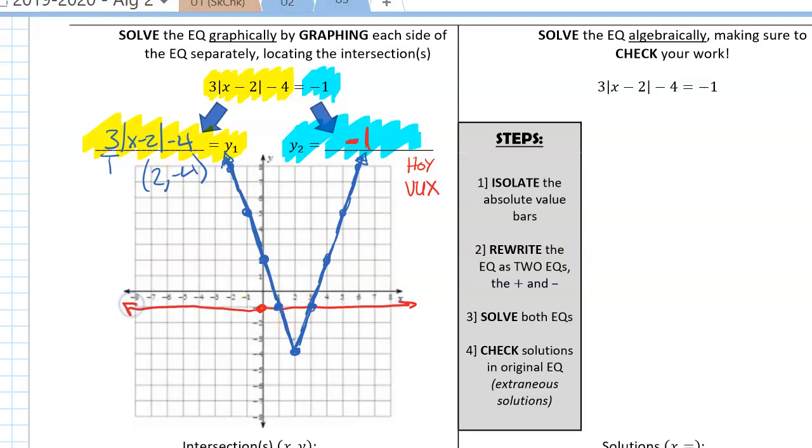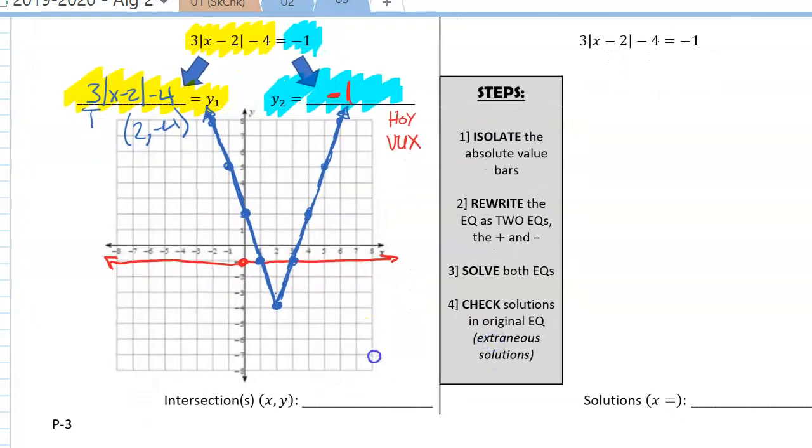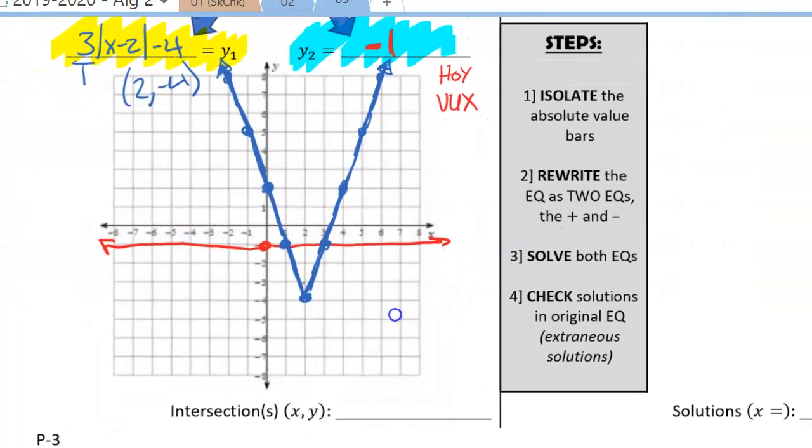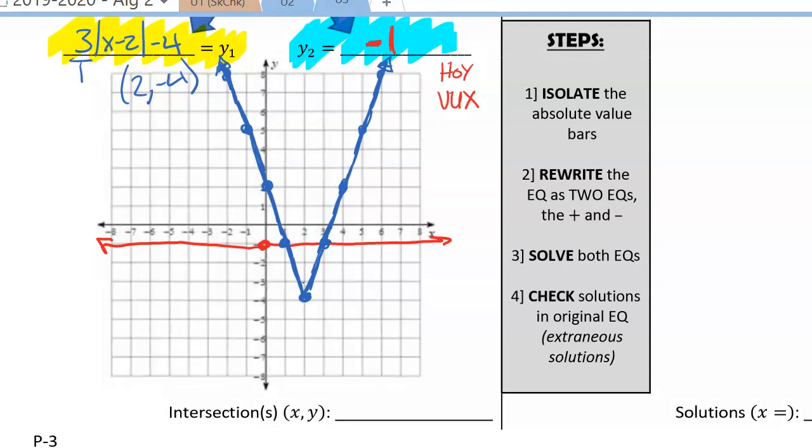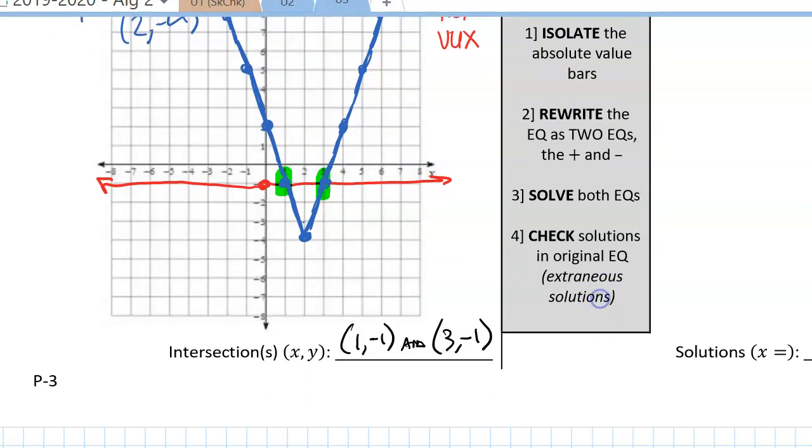Now if I asked you, where do these 2 graphs intersect? We see that there are in fact 2 intersection points. They are at the points (1, -1) and (3, -1). So in terms of our x values, they intersect at x equals 1 and x equals 3.